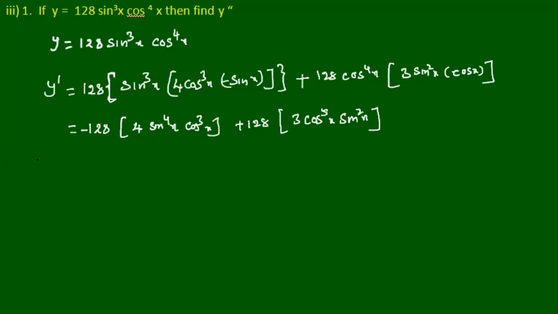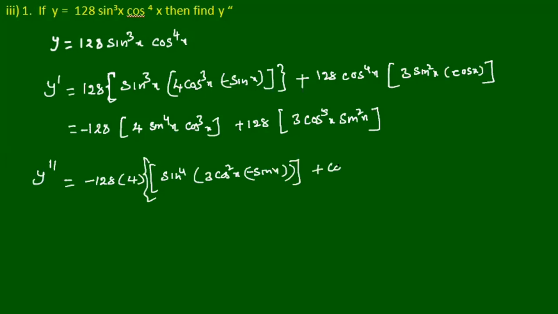Again, if you differentiate twice, y double dash is equal to minus 128 into 4 into sin power 4x cos cubed x: sin power 4 as it is, cos cube derivative is 3 cos square x into minus sin x. Okay, right? And then cos cubed x into 4 sin cubed x into cos x.